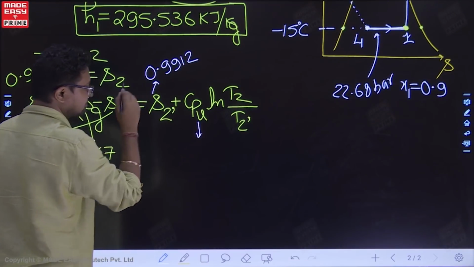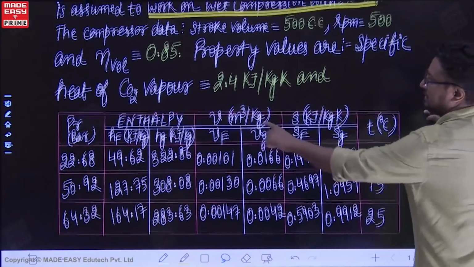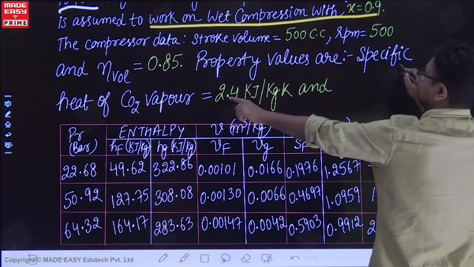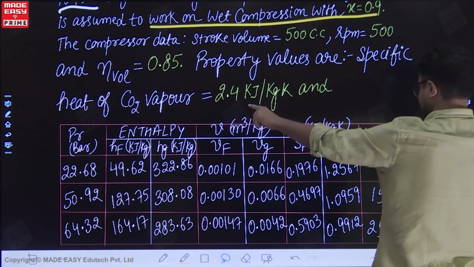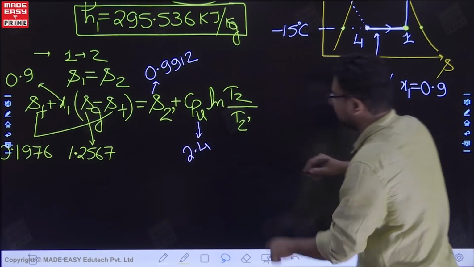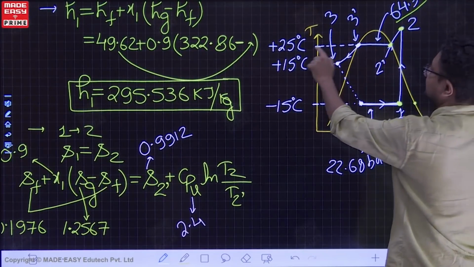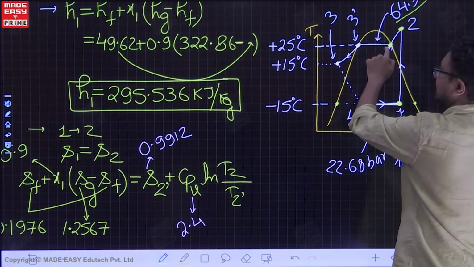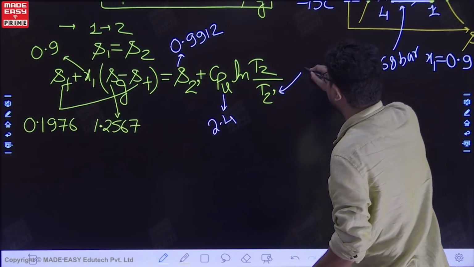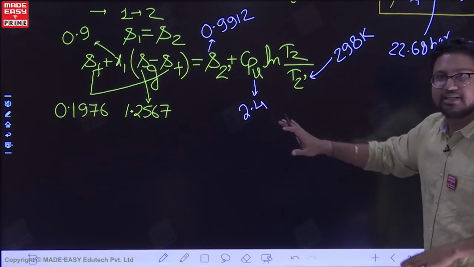Cp vapor is given here in the data: the specific heat of CO2 vapor, 2.4. T2 dash is the phase change temperature, 25, which in Kelvin we can write as 298. So we have all the values here.